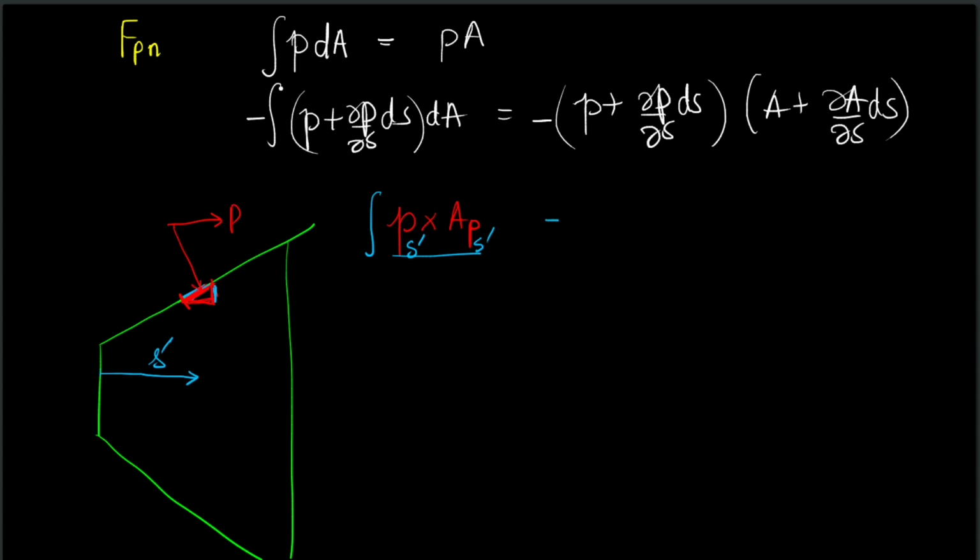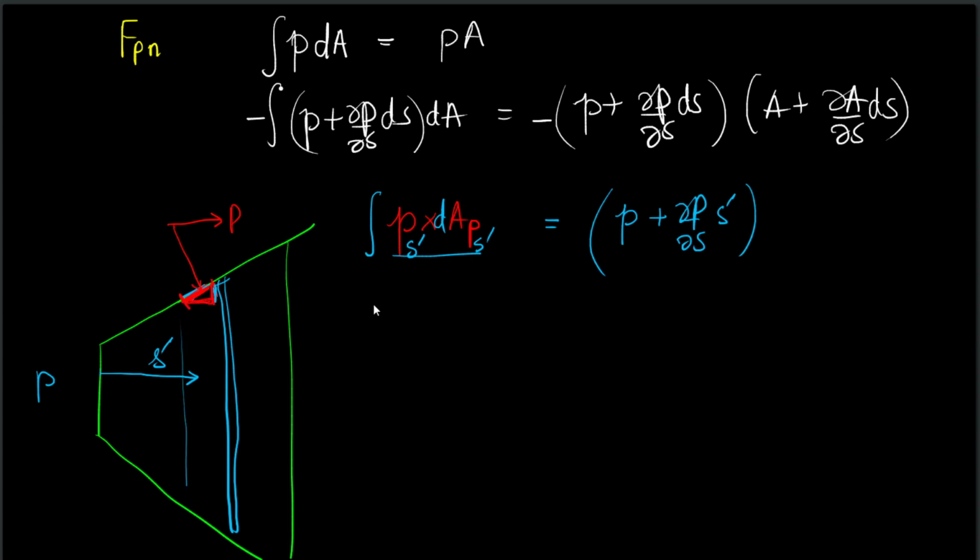So let us see what this is going to be. p at s tilde will be p plus del p del s times s tilde. So when s tilde is 0, pressure becomes equal to p. This times the projected area. The projected area will be the area at this cross section minus the area at the earlier cross section.